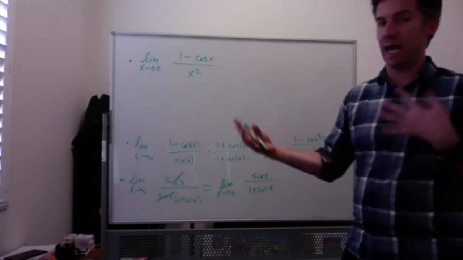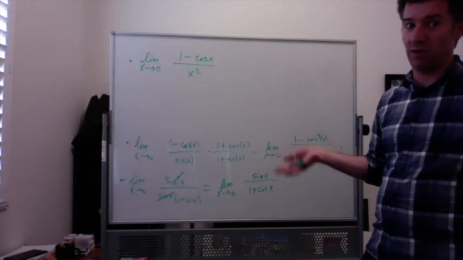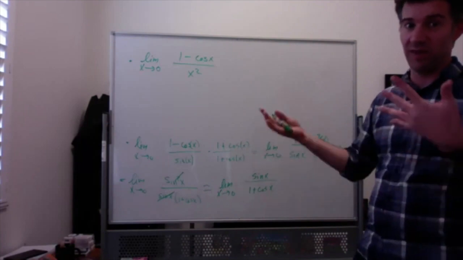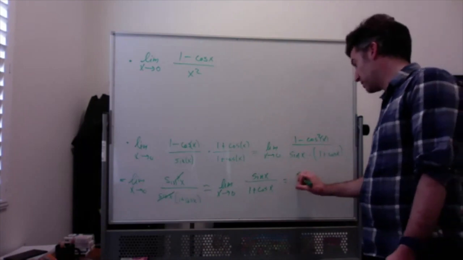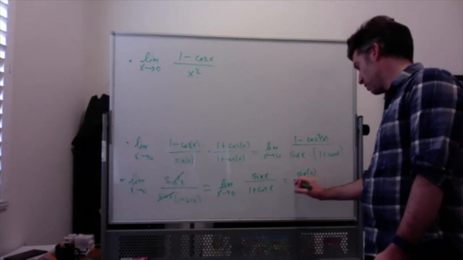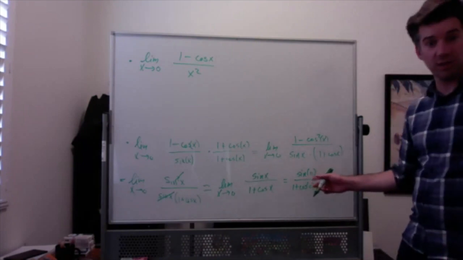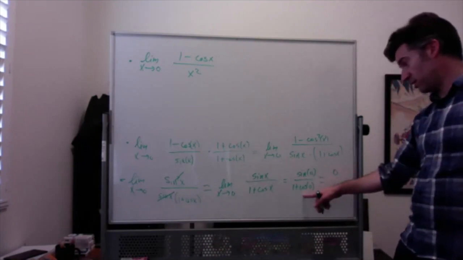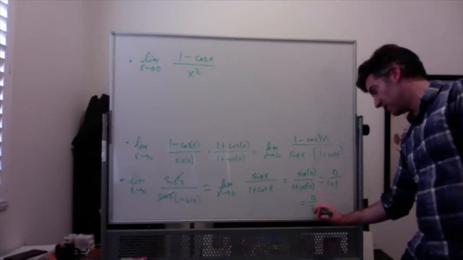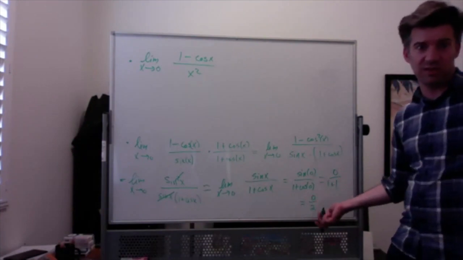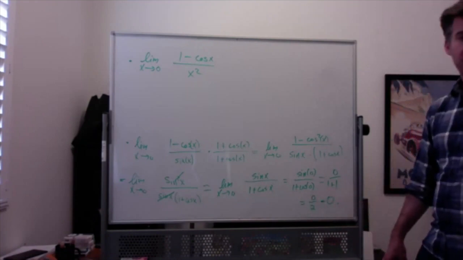So typically, after canceling something, it's good to check: can I just throw whatever x is approaching into the thing and see if I get an answer? And we do here. I get sine of 0 over 1 plus cosine of 0. Sine of 0 is 0. Cosine of 0 is 1. And 0 divided by anything that's not 0 is 0, right? 2 goes into 0, 0 times. So this limit's 0.